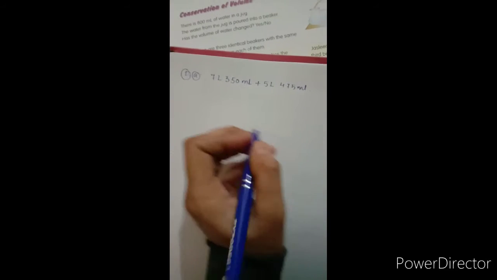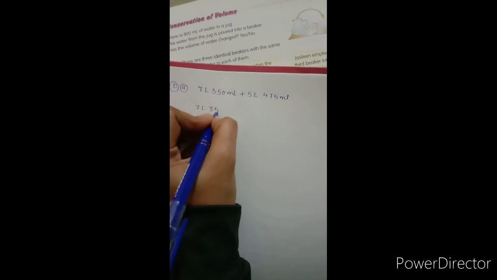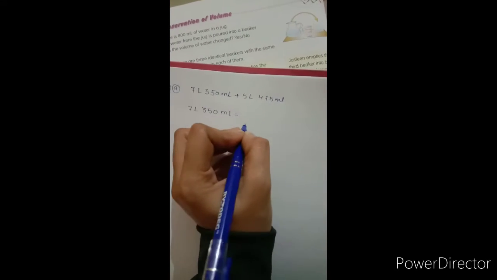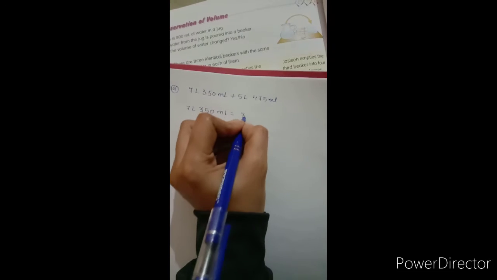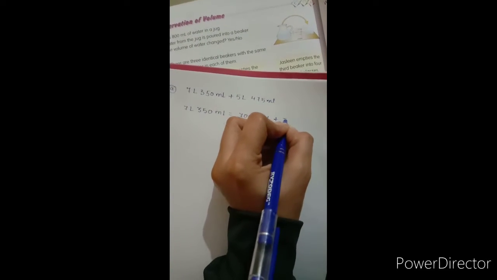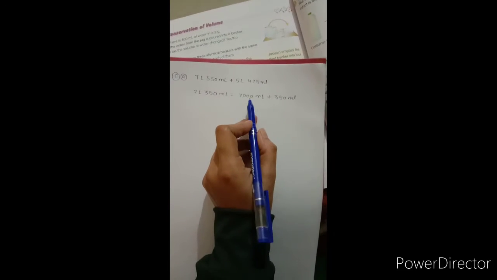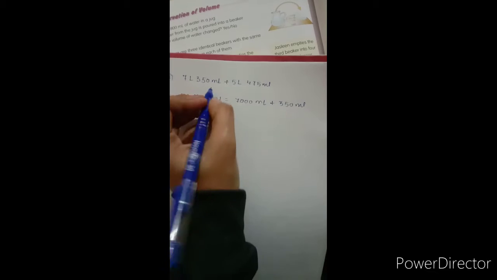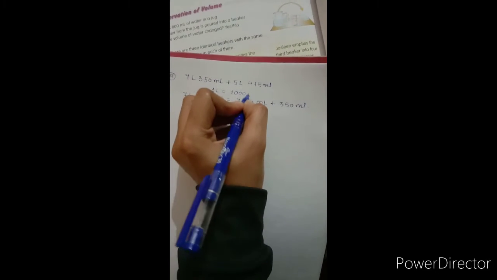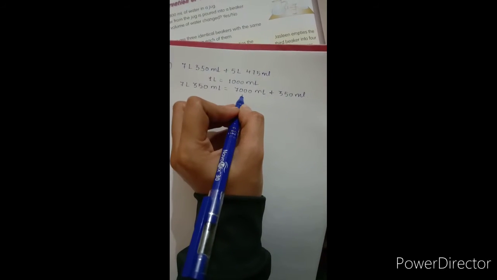So first of all we convert it into a smaller unit. 7 liter 350 milliliter. After conversion it is 7000 milliliter plus 350 milliliter. Why 7000 milliliter? Because we know that 1 liter is equal to 1000 milliliter. That's why 7 liter is equal to 7000 milliliter.